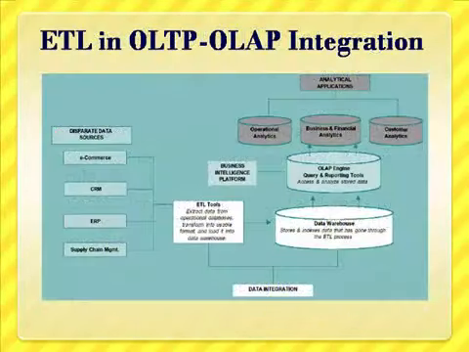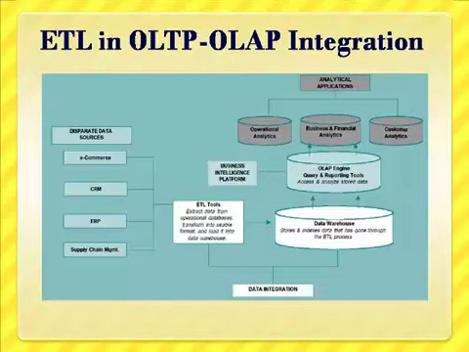This slide is a very good representation of the role played by ETL as an interface between the OLTP systems and the OLAP system. As I said, OLTP stands for online transaction processing systems, and OLAP, that is online analytical processing applications, are basically data warehouse applications.